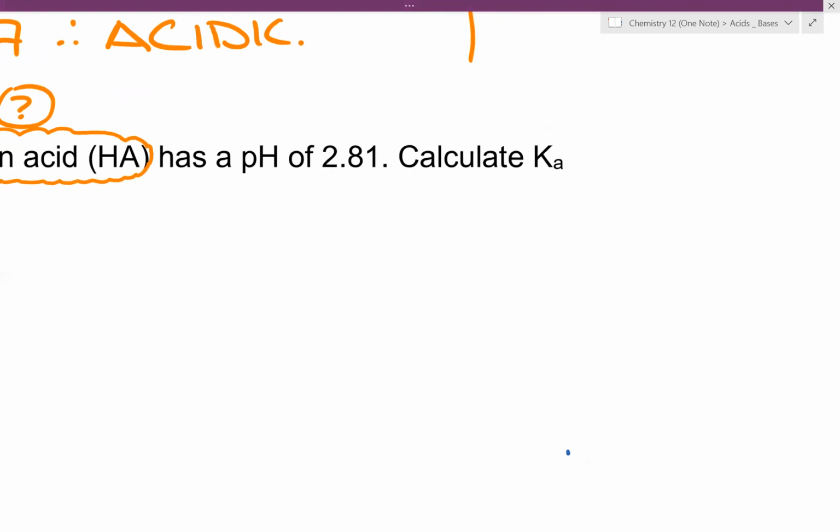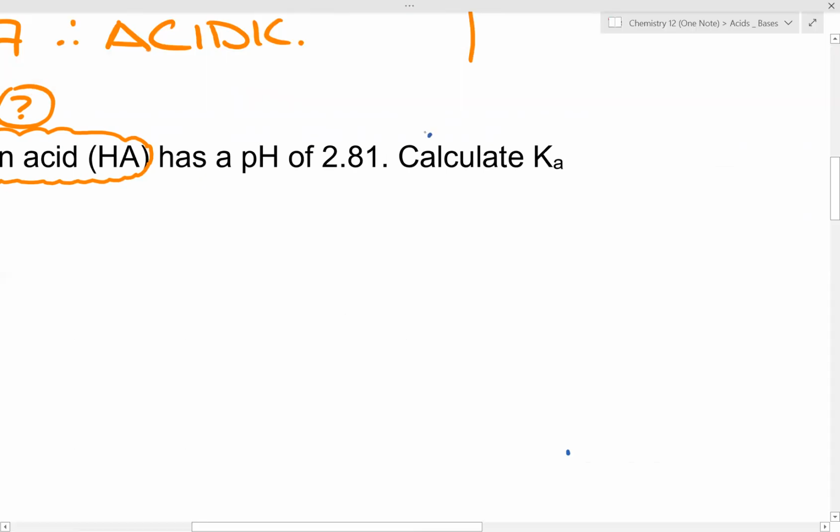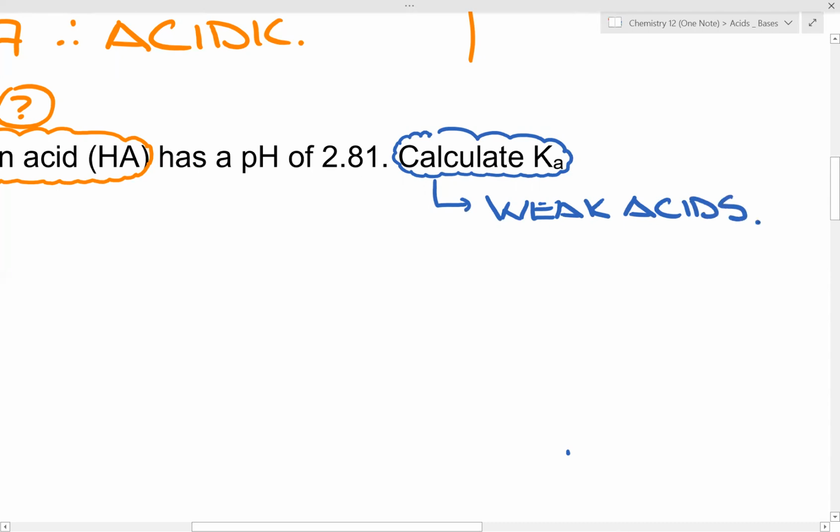Number one is they ask you to calculate Ka. So when you see the term calculate Ka, this is characteristic of weak acids. Okay. Why? Because strong acids do not have Ka values. That's one hint. So this is hint number one.